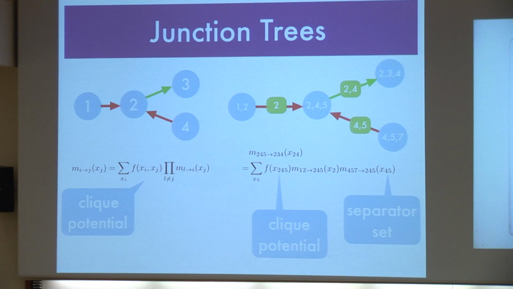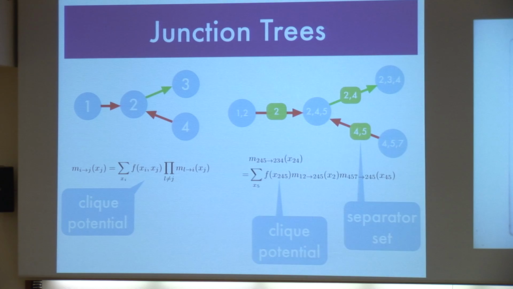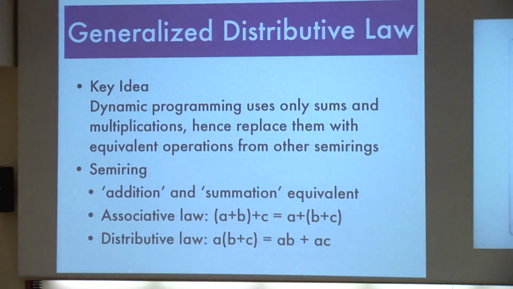It's not as fast, but very general. Okay, so let's just look at junction trees again. Here we have the clique potential. We send the message through, and we send it out. There we go.